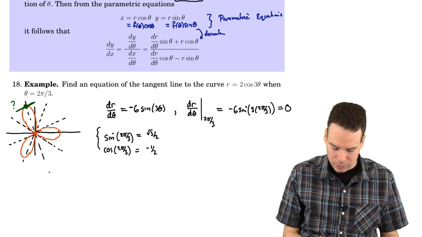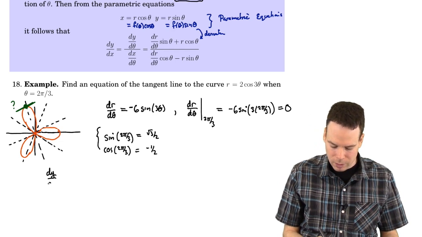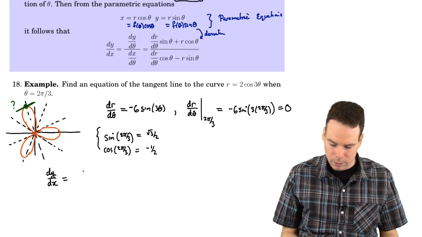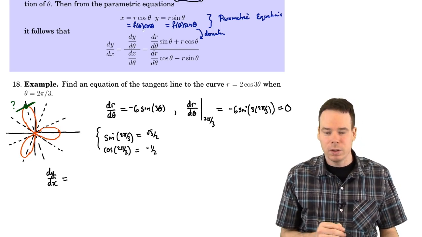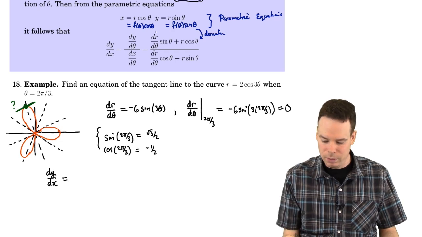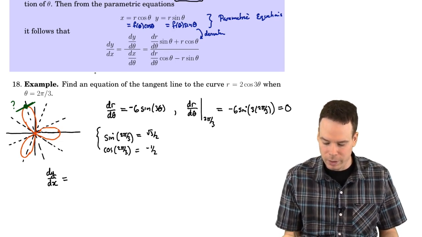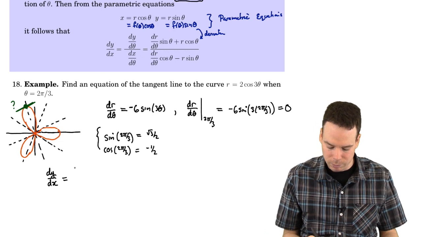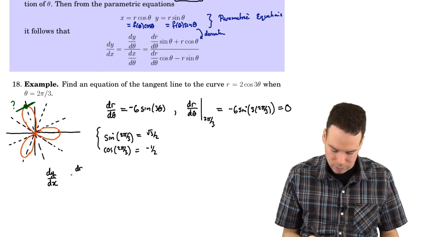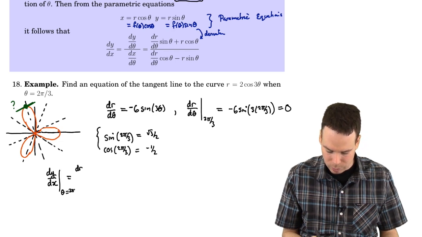So now let's go ahead and write out what our derivative is. dy by dx. Now we can refer to what's above, or we could just do the parametrized curves in our head, or you could write them out, but this is really all this is following from. So it's the derivative of r. In particular, we'll do it at the precise moment when theta is 2 pi by 3.